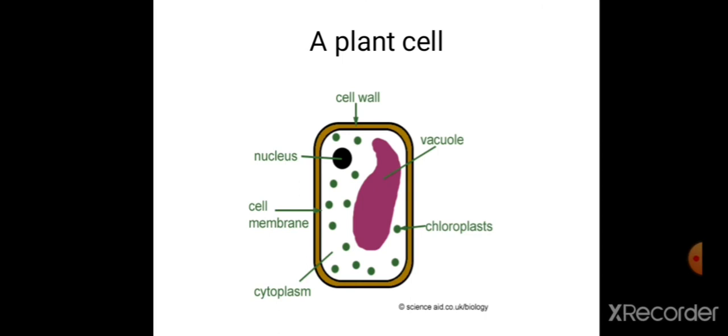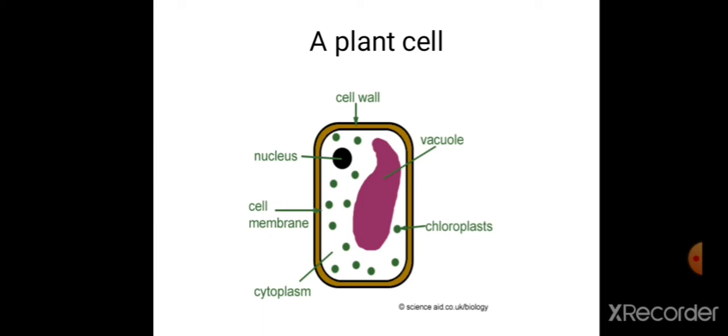Let's look at the plant cell now. The plant cell has got cell wall. It has also got a nucleus, cell membrane, cytoplasm, vacuole, and chloroplast. If you can see, animal cell also had a cell membrane.